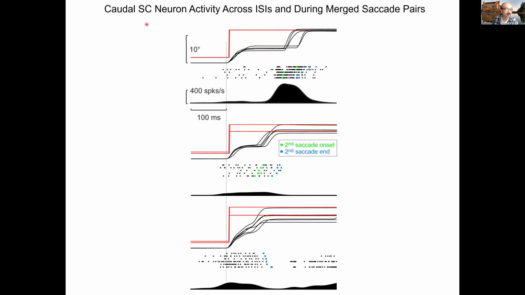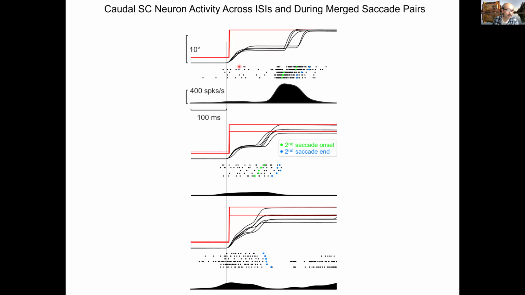So here is a recording from a caudal SC neuron. You would expect that during this time the rostral colliculus is active, right? It's bursting because of the small target step. This neuron is probably tuned to about 9 degrees or so. Here we try to match on all these three conditions as much as we can to do this analysis.